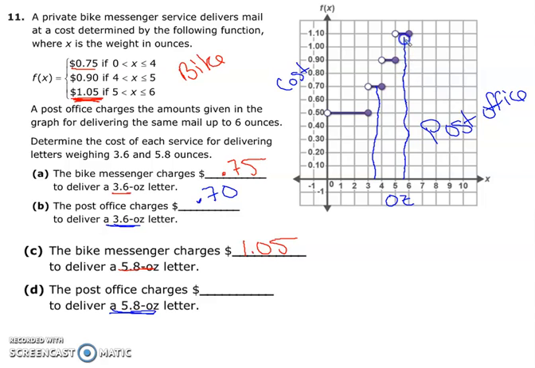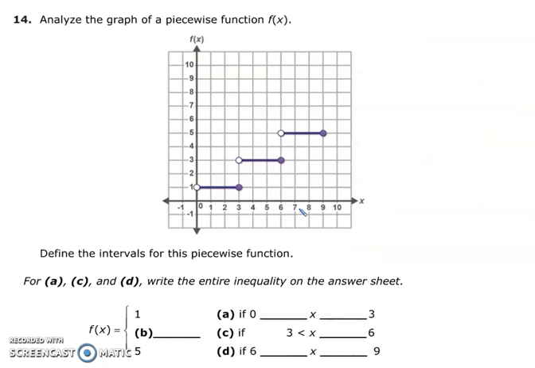Sorry. Y'all know I can't draw. How much am I paying for that? $1.10. So which one's cheaper that time? So for that one, the bike messenger was cheaper. But for the other, the post office was cheaper. So you can't always say, I'm going to use one or the other. One might be cheaper for one thing and not the other. Okay?